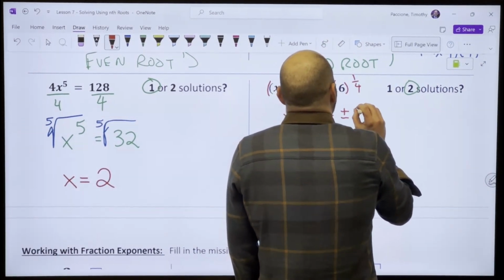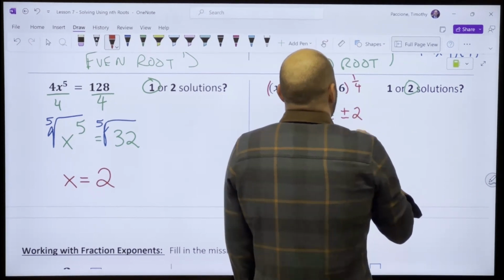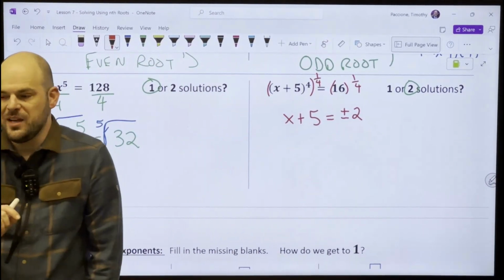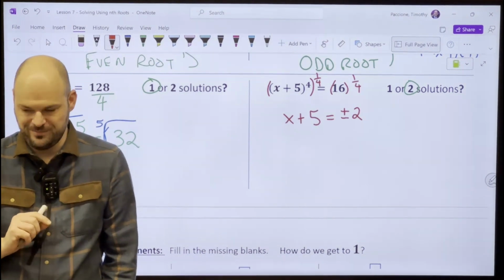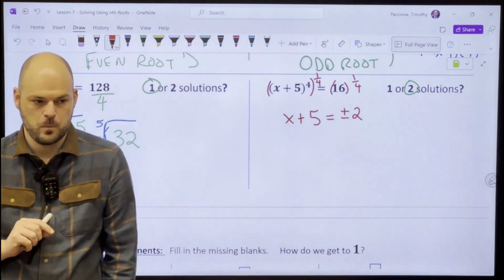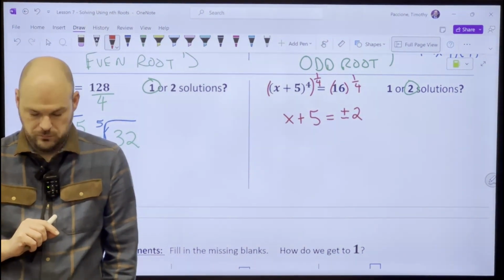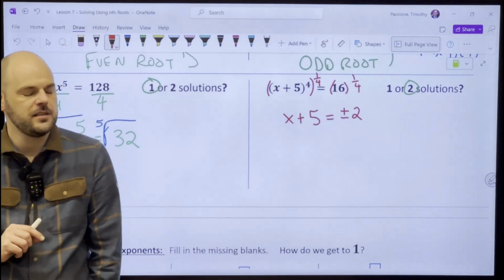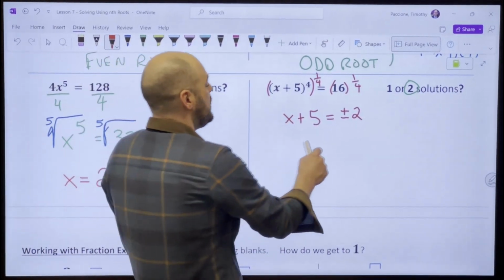Oh, yeah. It's plus or minus 2. So when we do even roots, it's plus or minus, and when it's odd, we just do the one. Exactly.